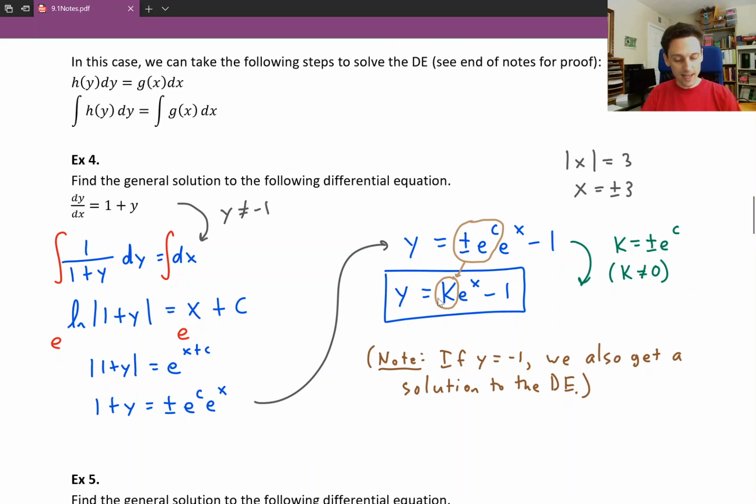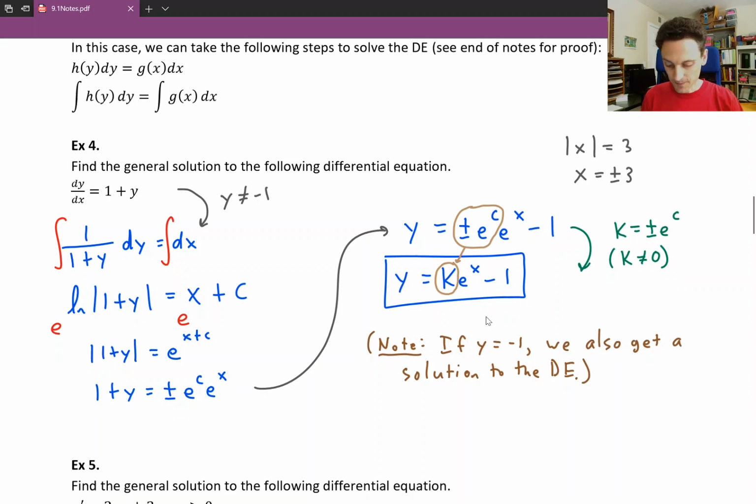So if you allow k to be 0, so that it now includes any number, then y equals k e to the x minus 1 would be the general solution where k is any real number. It's not all of them at the same time. So there are a bunch of little details to work out with these differential equations, but it is worth it to talk about them.